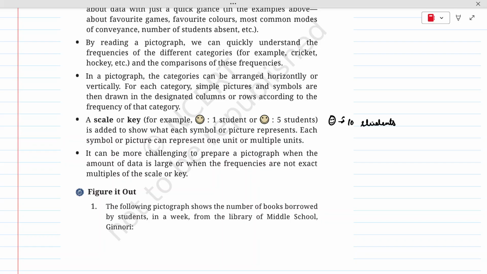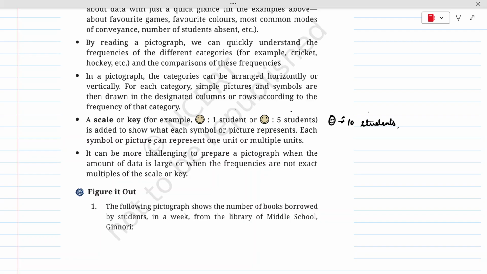Okay, similarly we can change our scale depending upon the type of data given to us. This is one type of scale, this is the second type of scale, and this is the third type of scale. So we have taken 3 different types of scales here. Similarly, we can have more scales, and it all depends on what kind of data we have, and we can choose the type of scale on the basis of the data which is given to us.